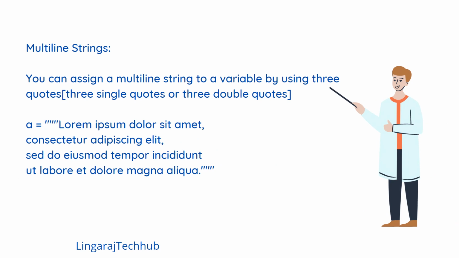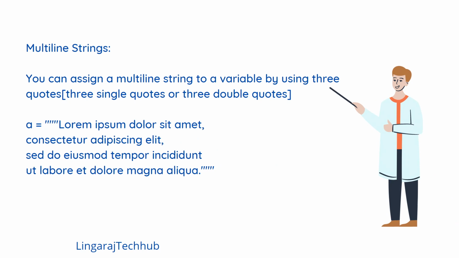If you want to assign that paragraph to a particular variable, you can do that in Python also. I can see this principle in C, C++ or Java too, but this multi-line string is generally used in Python.